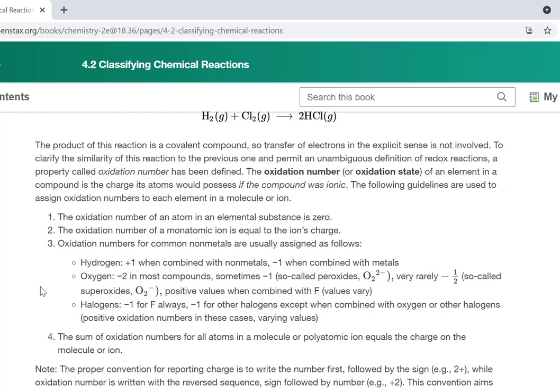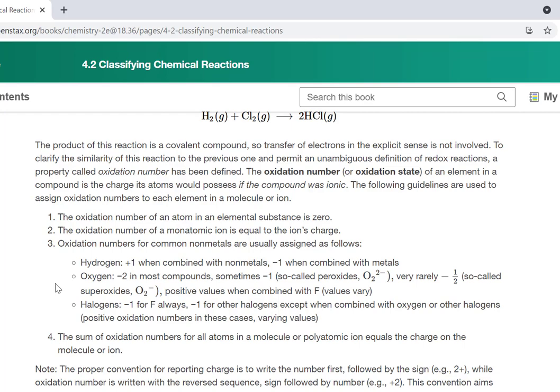For oxygen, don't memorize all of these possibilities, but just notice that it's -2 most of the time. Exceptions could happen with hydrogen and with fluorine, but because of the way your textbook has it laid out, we'll just limit that to exceptions with hydrogen.